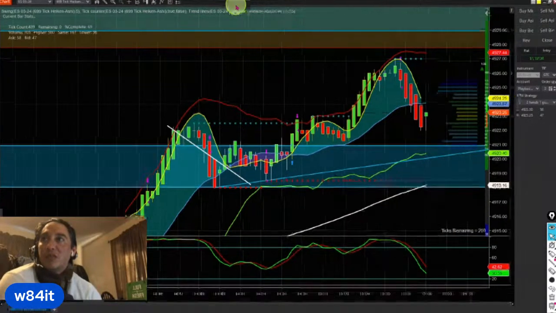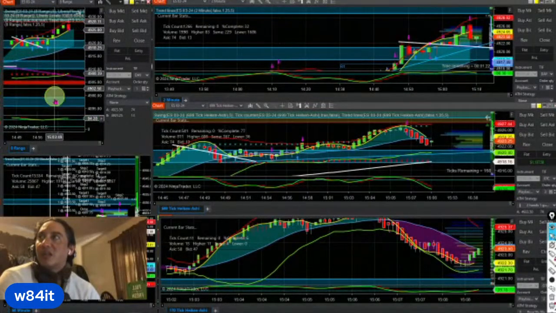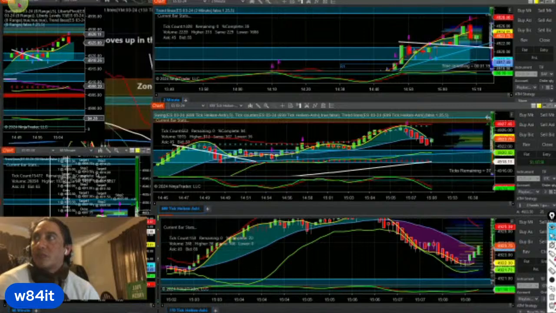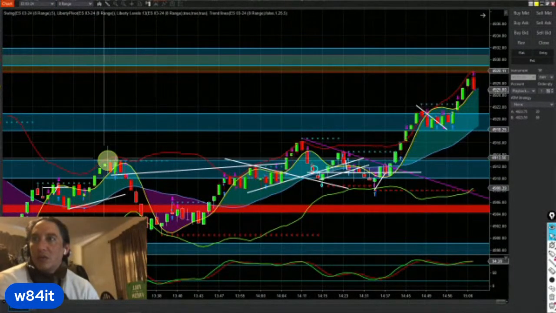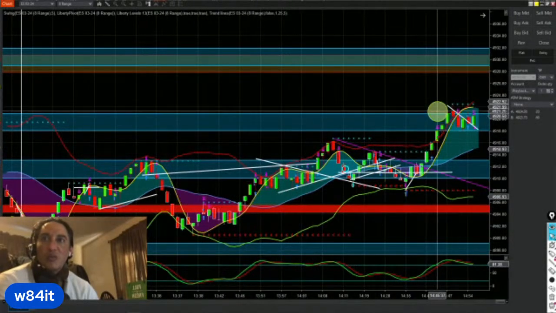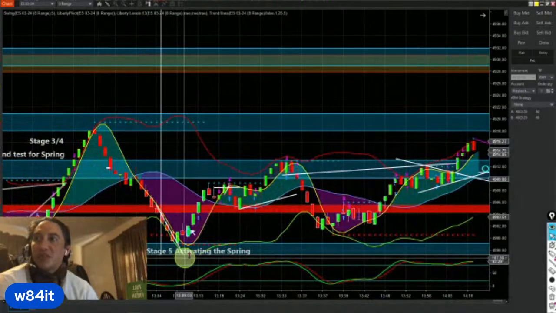Let's see what part of this move we are on the 8. So continuation move. So it's probably on 1 as well then. That was 3, 4. This is 5.